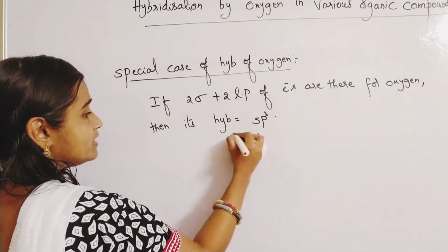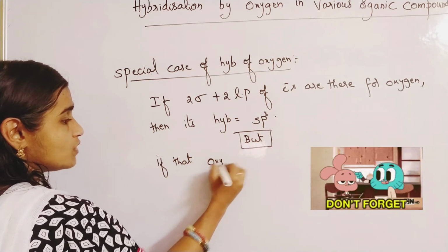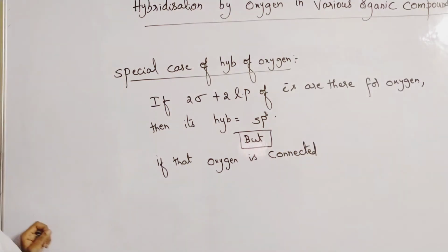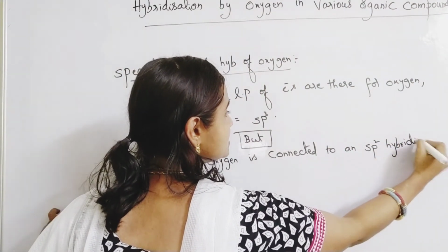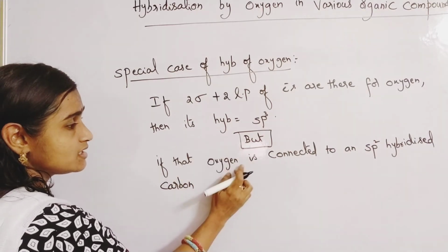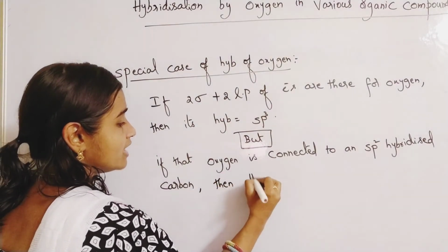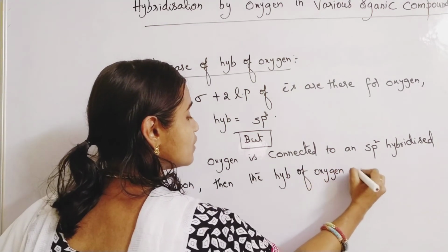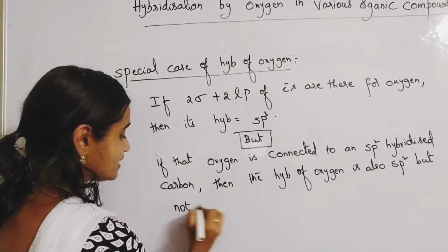But you have to remember one point. If that oxygen is connected to an sp2 hybridized carbon, suppose, we have seen the same case for nitrogens also, then the hybridization of oxygen is also sp2, but not sp3.